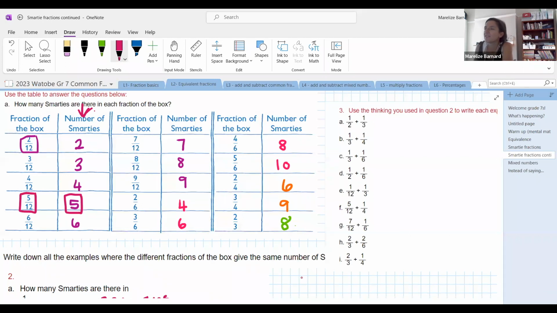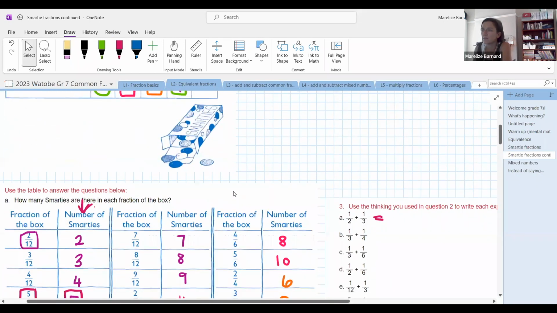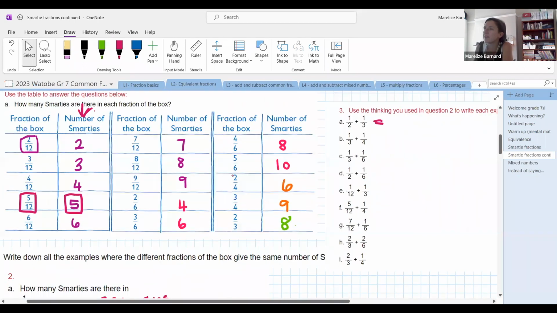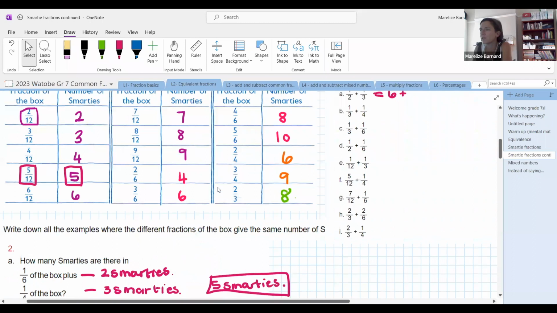Okay, so we're going to start by saying 1/2 plus 1/3. So 1/2 we said was how many Smarties? That was 6. So we can say 1/2 is 6 Smarties. And 1/3 of the box, how many Smarties was that? 1/3 was 4 Smarties.